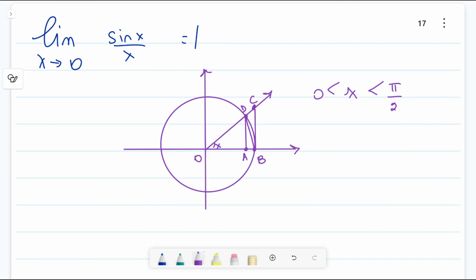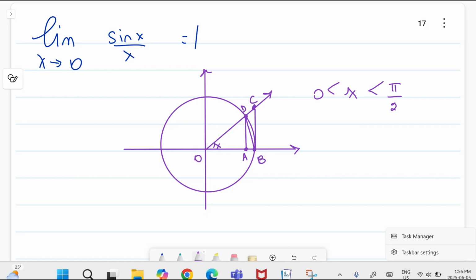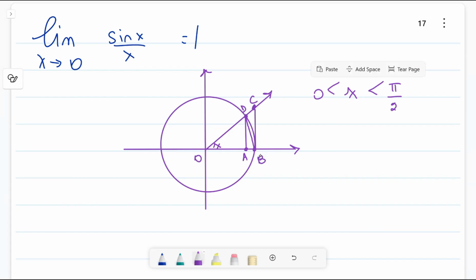And then I took 2 points on the arc to be D and B. So if I draw perpendicular lines to the x-axis from B up to when it intersects with this line here, I name the point C, and same for A, I draw a perpendicular line up, and then I name this point of intersection D, and then I drew a line between D and B.